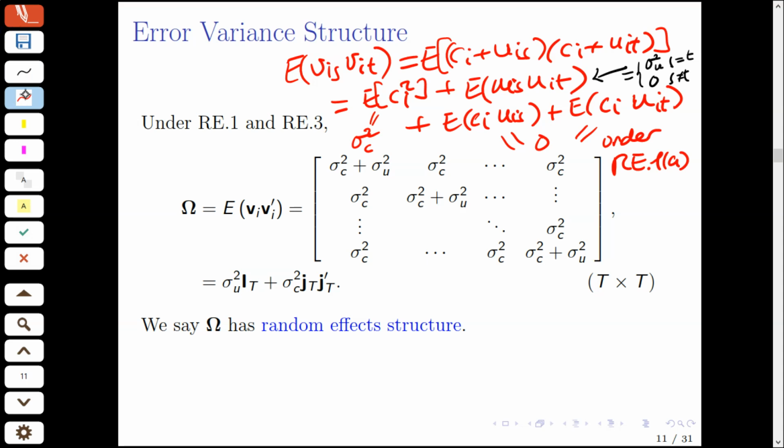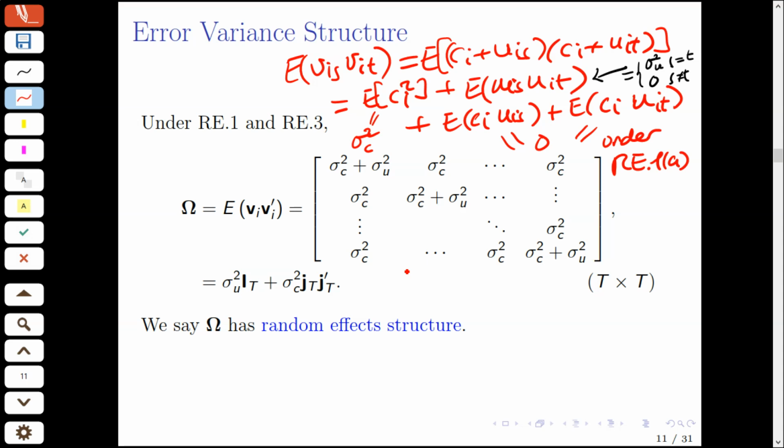Now, we may write this in a notationally more convenient manner, as the sum of a scalar matrix, that is the identity times the variance of the idiosyncratic error, plus this term, which is just short for a T by T matrix filled with these individual effect variances.